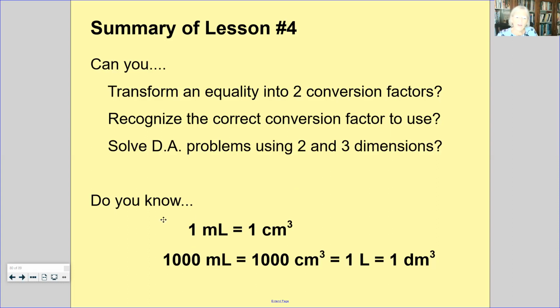This is something you have to remember all year. 1 milliliter equals 1 cubic centimeter. And of course, you know there are 1,000 milliliters in a liter, so there are 1,000 cubic centimeters in 1 decimeter cubed.